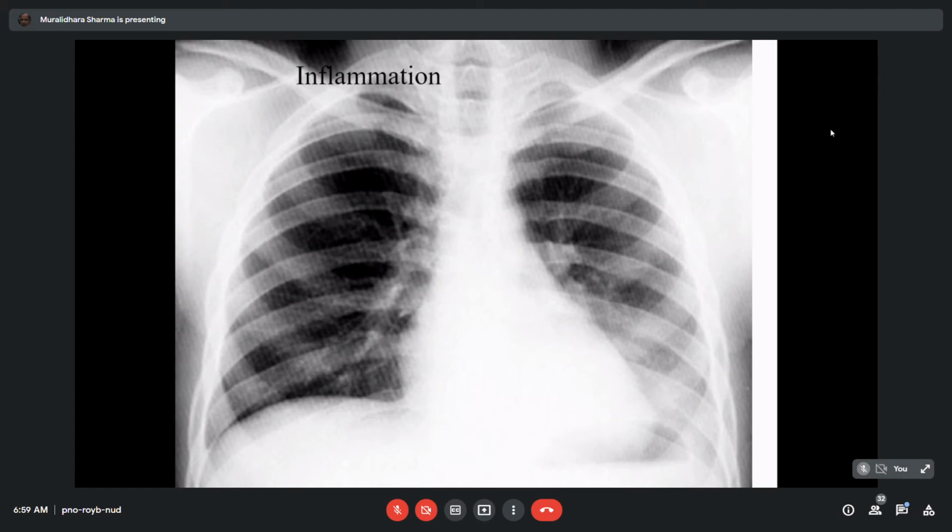So we use different terms: pneumonia, bronchitis, bronchiectasis, and so on. We'll come to all that. So the commonest and simplest form of inflammation which you can see is bronchitis. And in bronchitis, the basic pathology is that there will not be any gross organic changes in the lung tissue configuration. Instead, there will be some amount of exudates flowing from the bronchi into the bronchioles and then into a few of the alveoli.